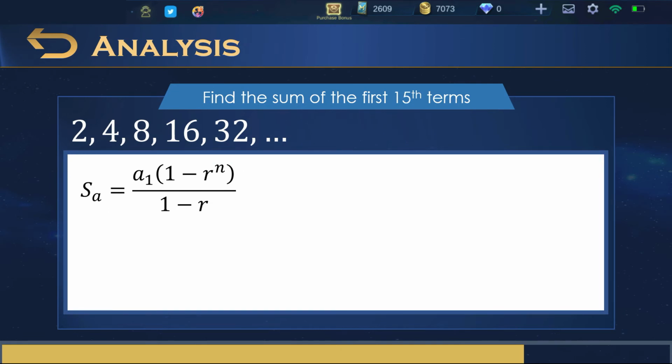Let us try. Find the sum of the first 15 terms given that the sequence is 2, 4, 8, 16, 32. Using the first formula, since a sub n or the last number is not given, we try to find the sum of the first 15 terms.